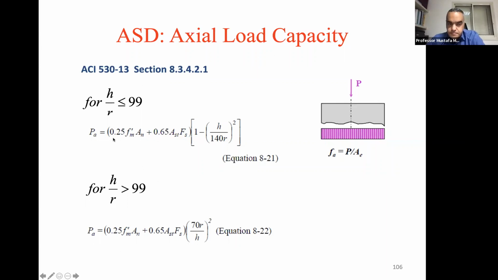So we have the 0.25 F prime M times the net area, in which we need to subtract the area of steel, just like concrete, and then add to it 0.65 AST times the allowable stress of the steel, multiplied by the slenderness effect here, okay? If H over R is greater than 99, then we have to use this equation.